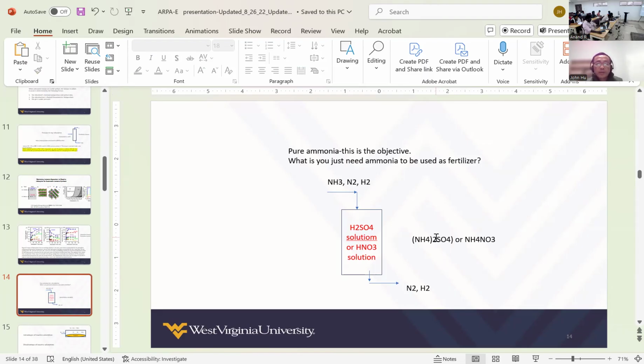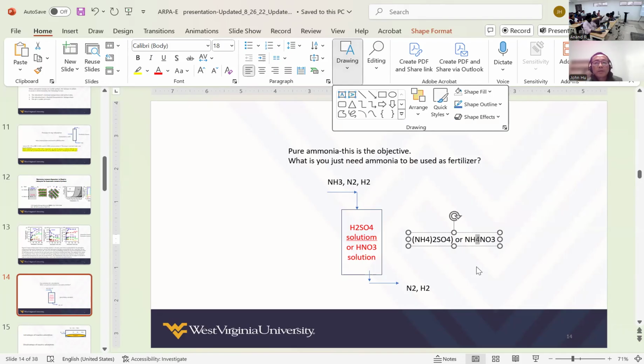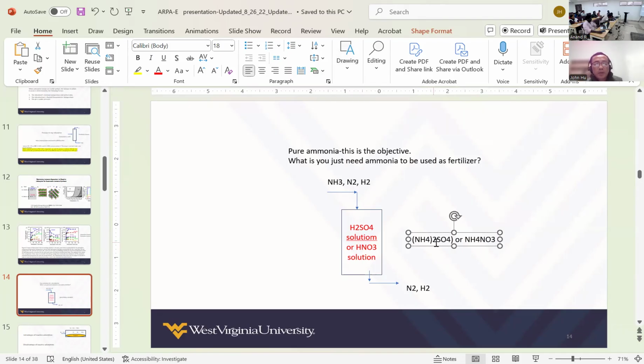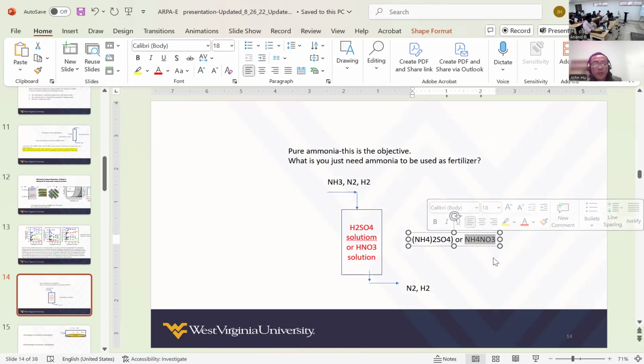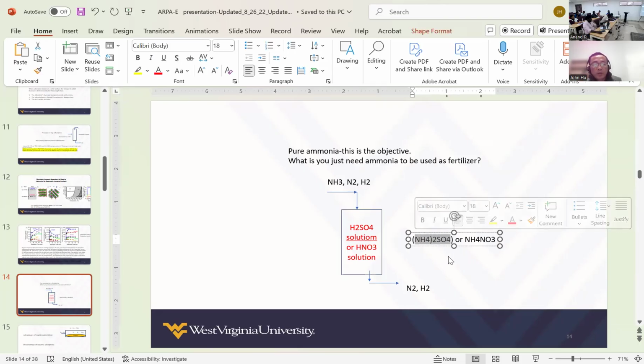Make sense? What is the ammonium sulfate? What is the ammonium nitrate? Are they fertilizers? Yes, ammonium nitrate is a fertilizer, sir. Ammonium sulfate is also a fertilizer. But you need to be careful about ammonium nitrate. It's explosive, all right? So normally, for safety, people actually turn it into ammonium sulfate.